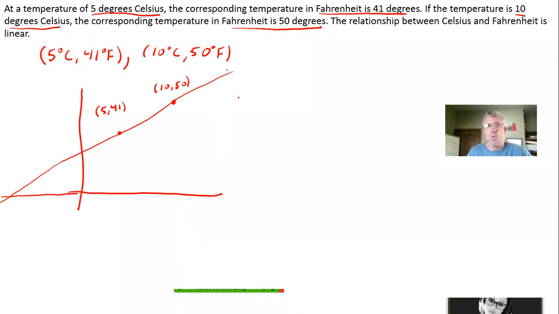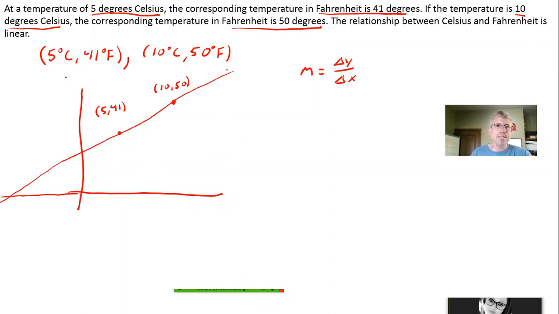Once you know you have 2 points, even if you don't draw the picture, you know that 2 points establish a line, and if you have a line, you can calculate its slope. But if it's an application problem, the slope isn't change in y over change in x, because there is no y or x.